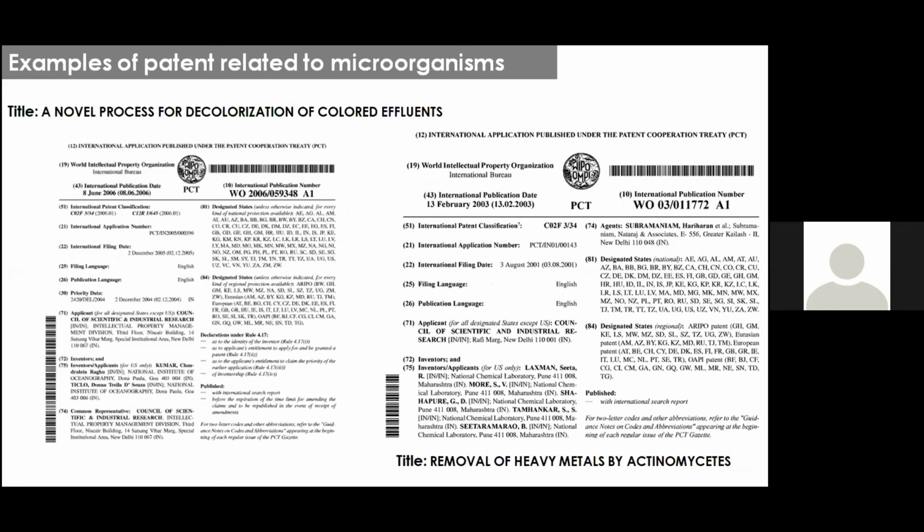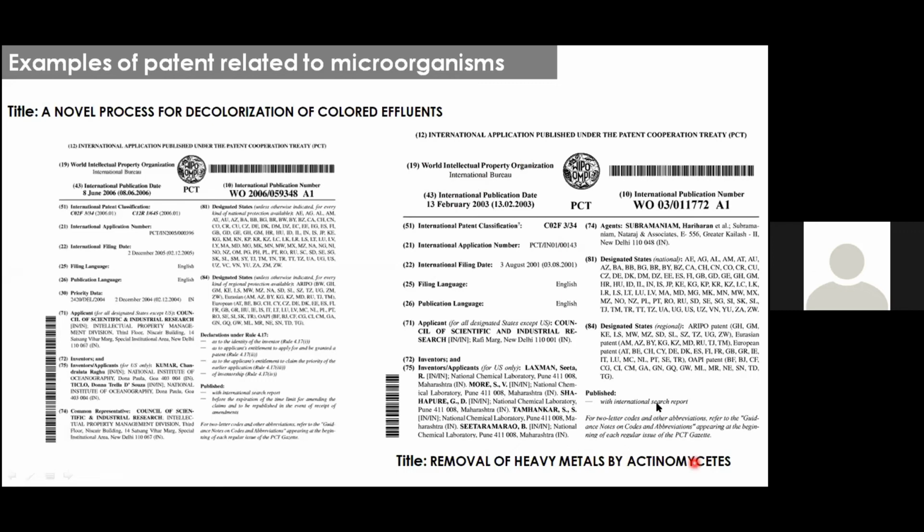Another example is microbial-based decolorization, which was filed from NIO Goa, the National Institute of Oceanography, where they used fungi for decolorizing colored effluents coming out of the textile industry. In the third example, you can see, I will try to use the annotation if it is working. Yeah. So in the third example, you can see that the removal of heavy metals was accomplished by using actinomycetes.